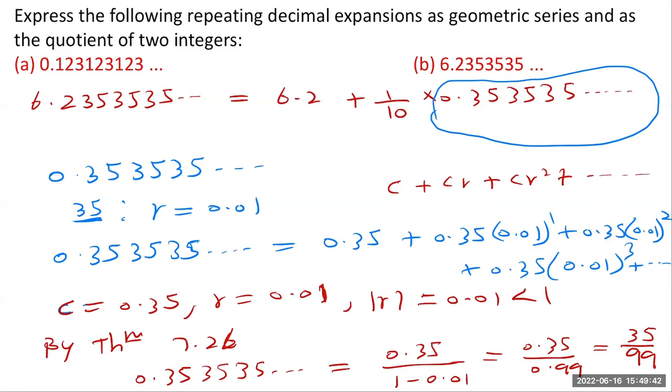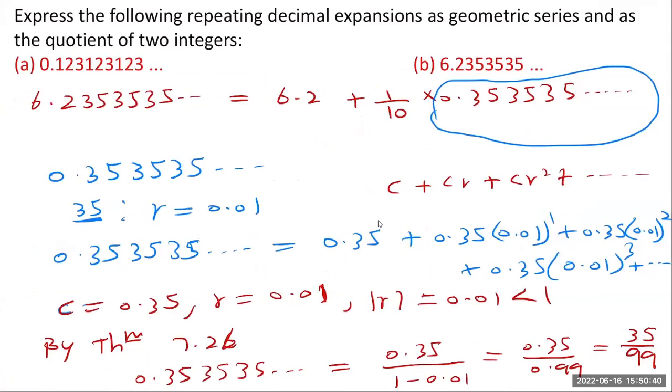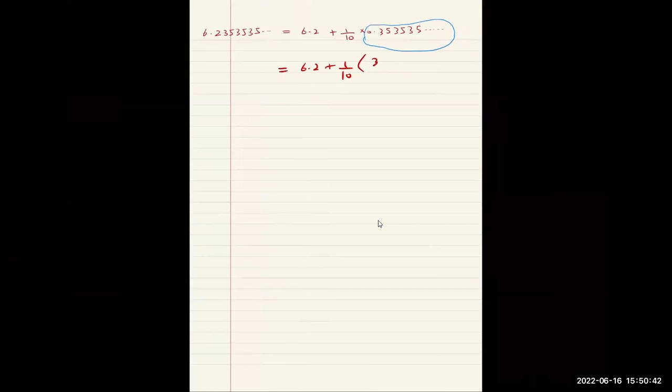Okay, let me add a page here. So my original number. I'm going to replace this repeating decimal by this fraction, so I'm going to put 35 over 99 here.